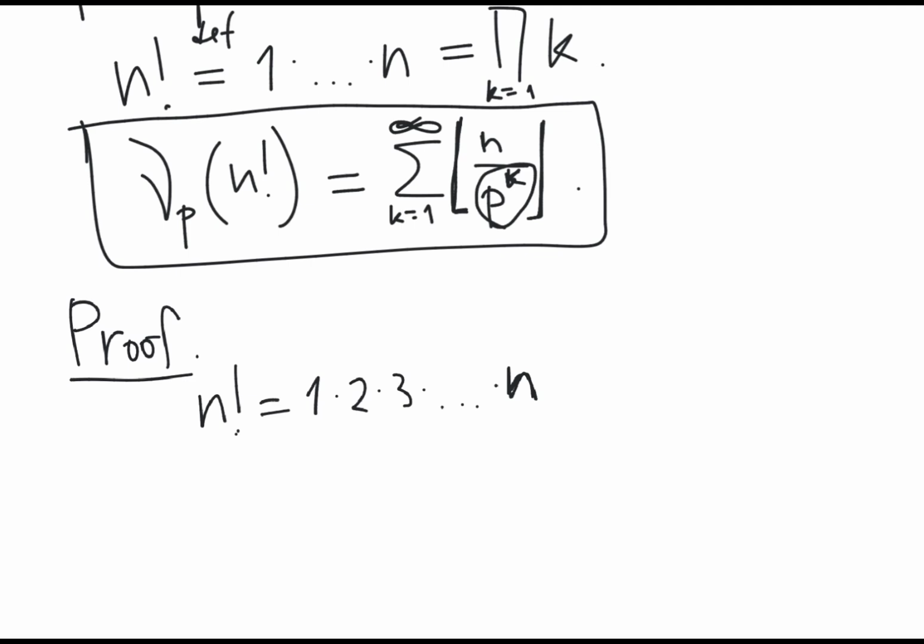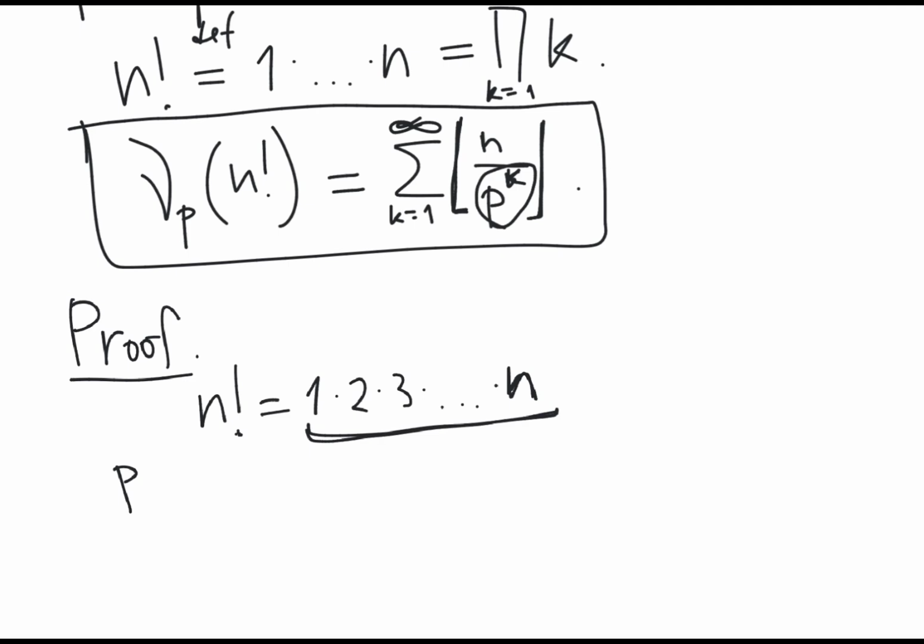We fix a prime number p and count the power of p which divides the factorial.